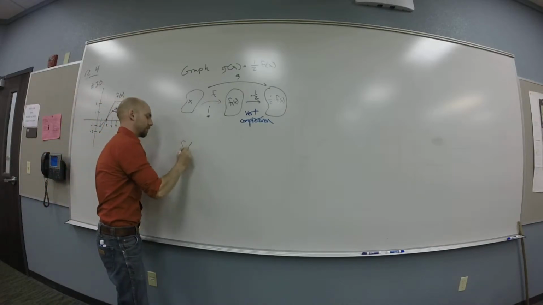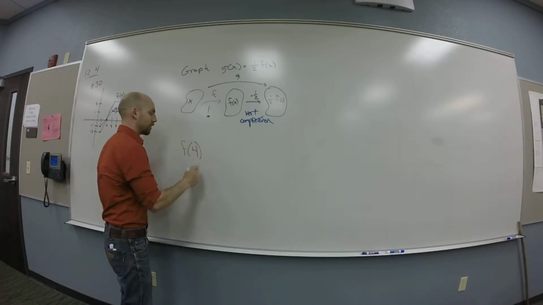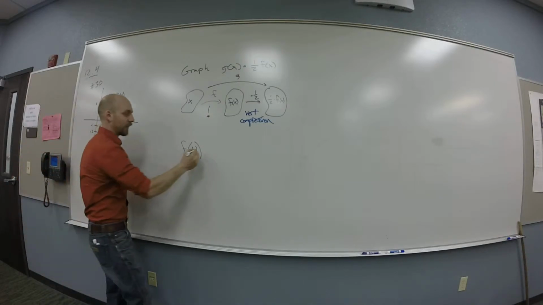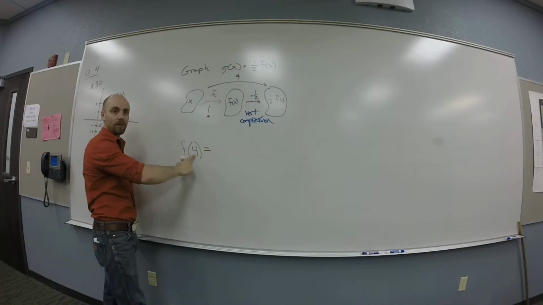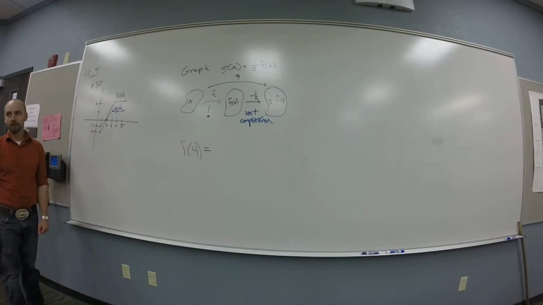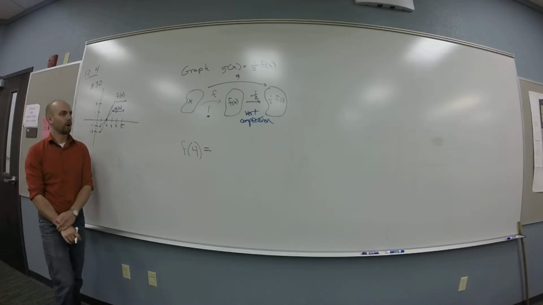Can I just ask, this is a totally separate question. What's f of 4? Yeah, it's the function f done to the input 4. Can you guys find a number for that, given the picture here? Close. So what are you looking for?